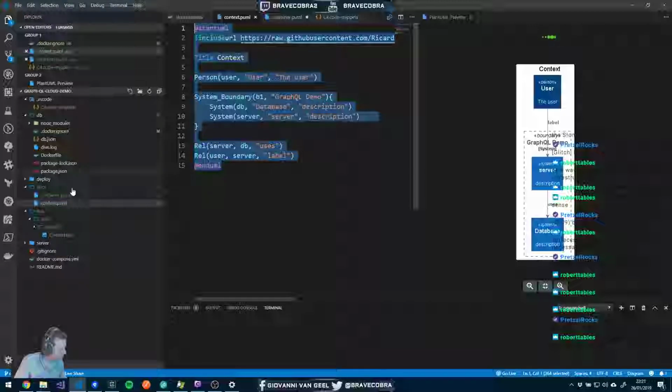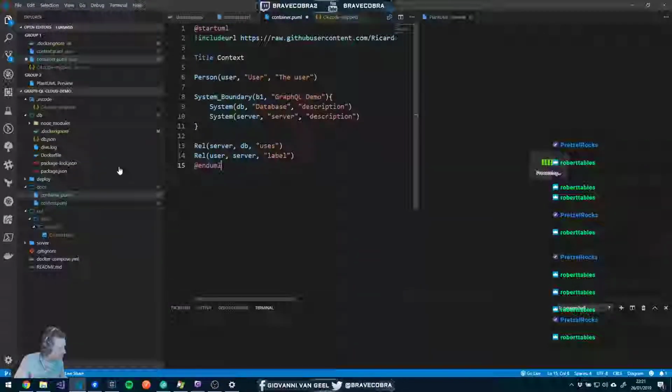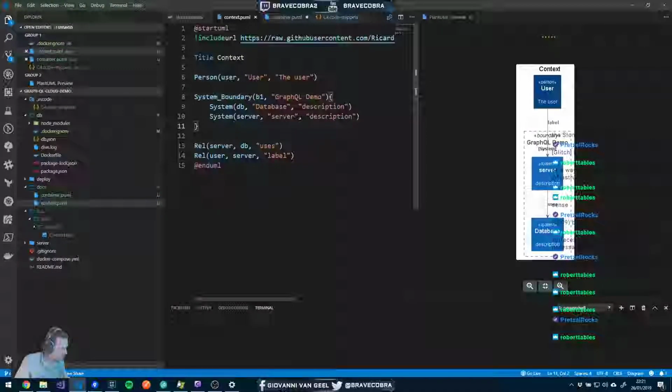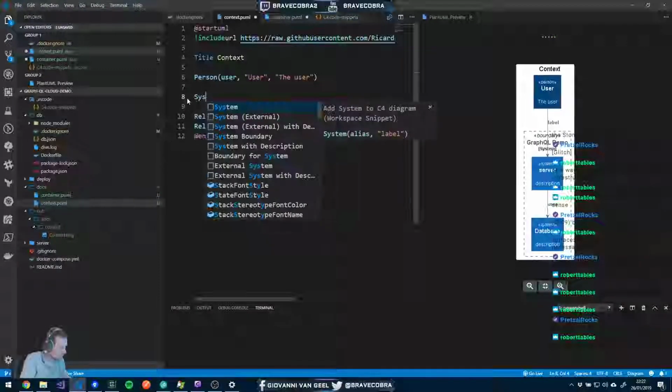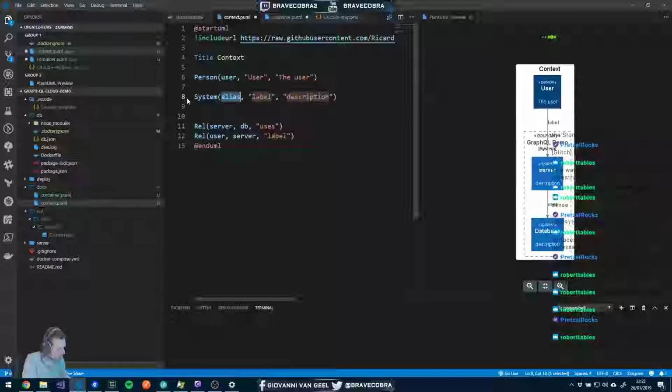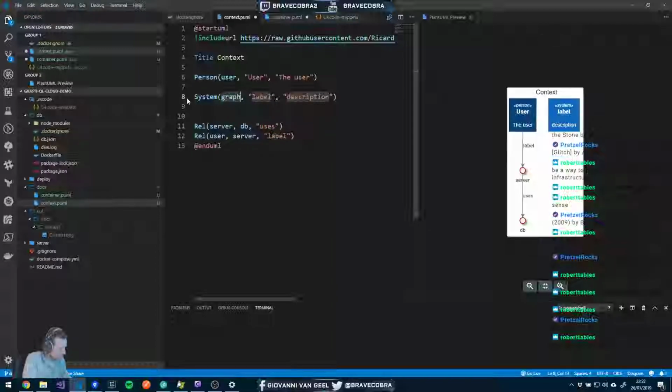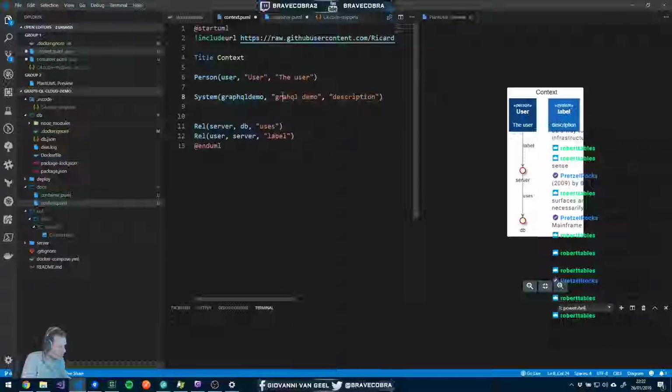This is already the second one, if I'm entirely correct. The first one should be just our system. Yeah, this should be the GraphQL demo, something like that. And there shouldn't be hyphens in there. I don't care too much about that. Let's do it that way, if I can spell correctly.